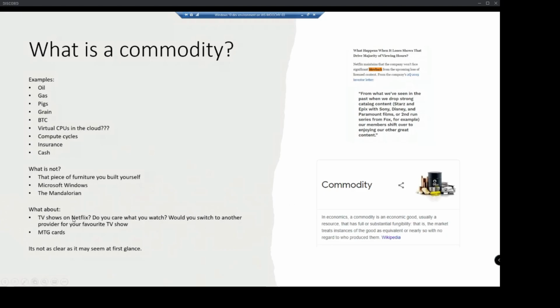You can see that in Netflix content pricing and the budgets they set for TV shows. A lot of the stuff Netflix is producing is actually pretty low budget. They try to produce as much as possible rather than really top end stuff, like Disney would, for example. And Magic the Gathering cards are an interesting one as well.